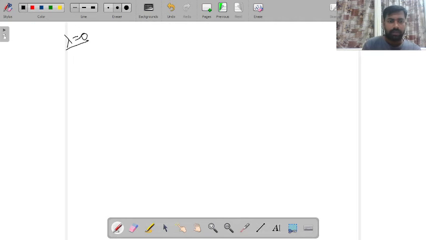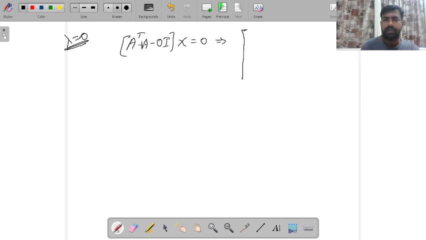So for lambda equal to 0, A transpose A minus 0 times identity multiplied with x equal to 0. What is A transpose A?